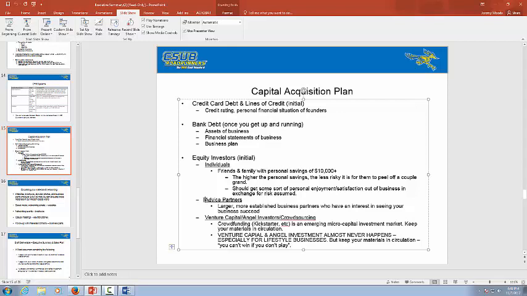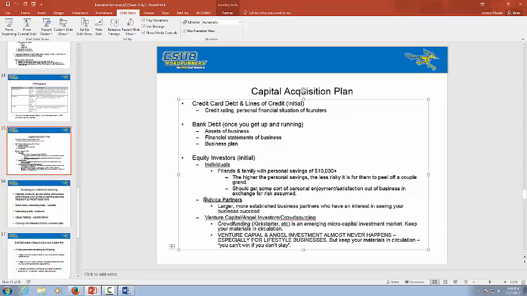So similar to the angel investors, they would look at your executive summary, they'd look at your business plan. If the business fits the type of business they're looking for, if they see it as a potentially successful business, then it's possible that you could get anywhere from 1 to 10 million or more from a venture capital fund in exchange for equity stake in your company.